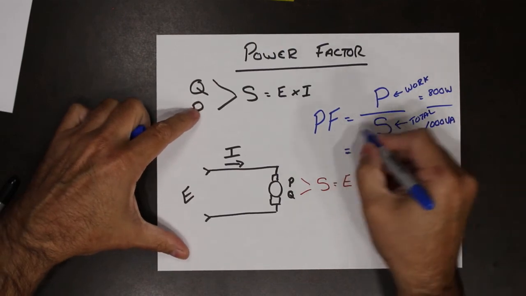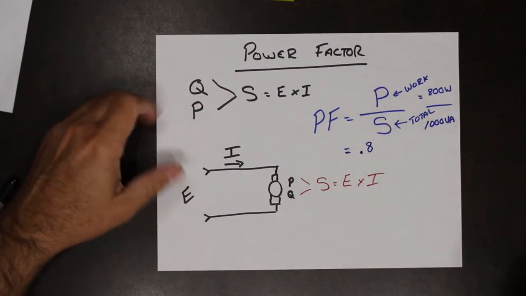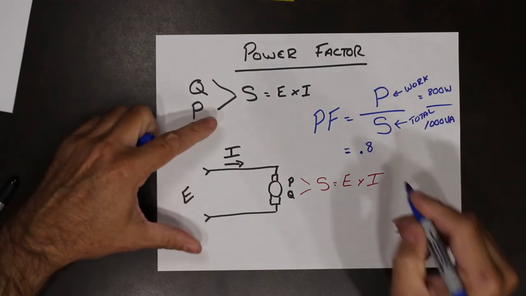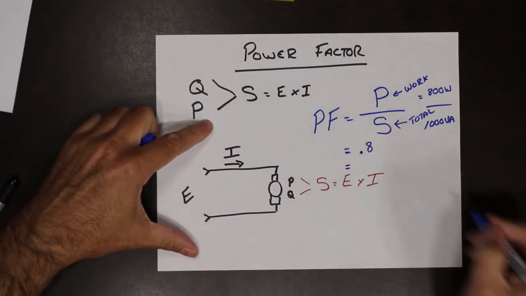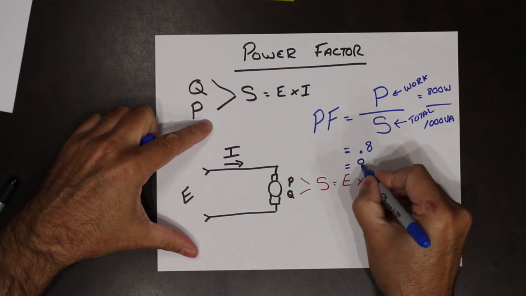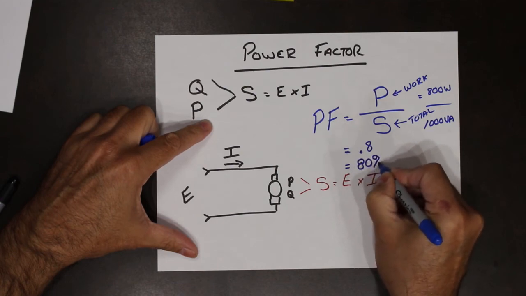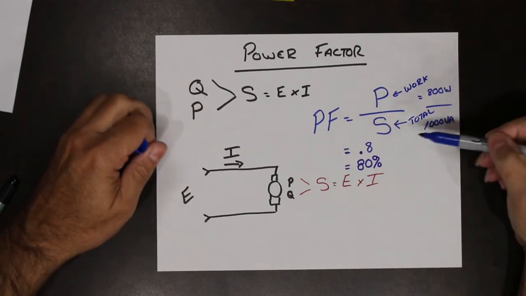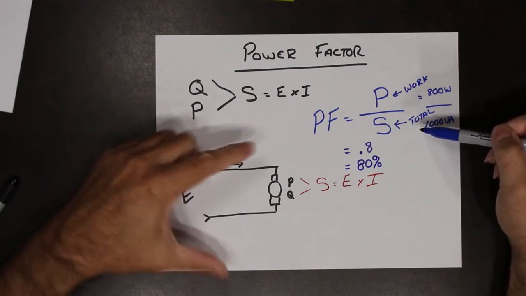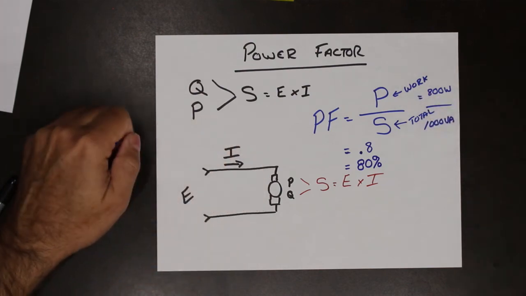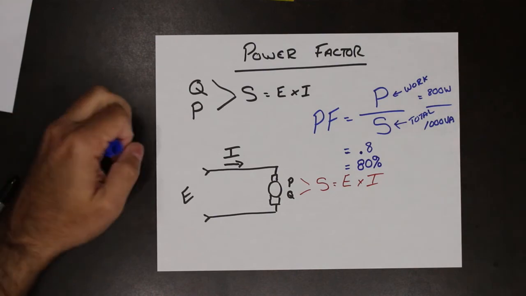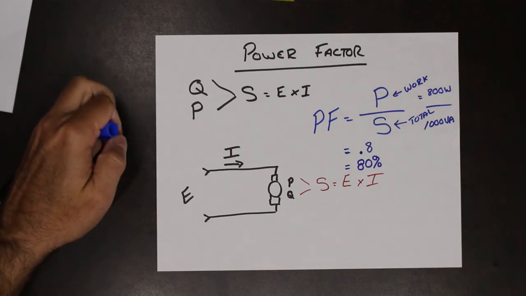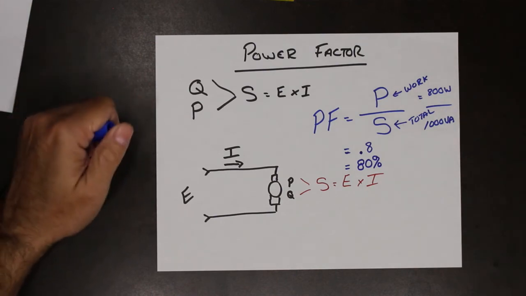Therefore, the power factor is 0.8. Sometimes it is also represented as a percentage, so therefore that would be 80%. So 80% of the total electricity that's making it to the machine is actually doing work for us, and the rest is not. So the 20% is wasted.